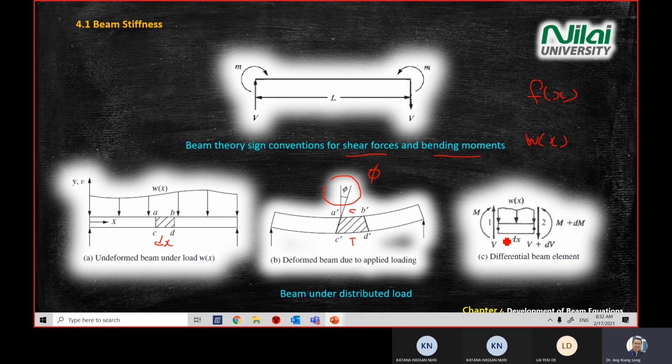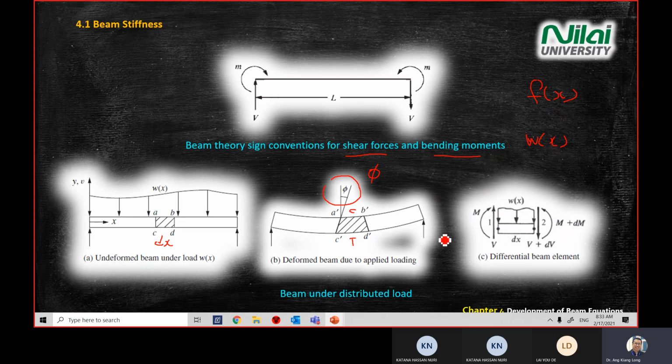And on the left-hand side you have a clockwise moment. On the right-hand side you have an anti-clockwise moment plus dM, an additional moment on the right-hand side. So this is how we draw the components of a free body diagram for a differential beam element when we look at a beam.